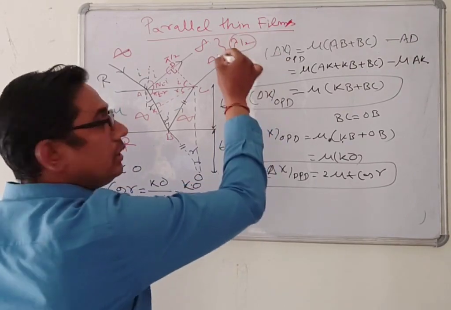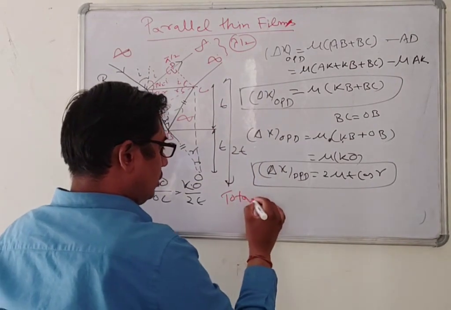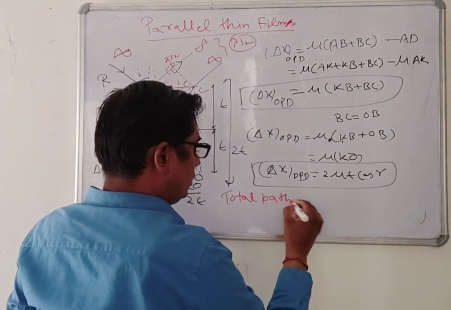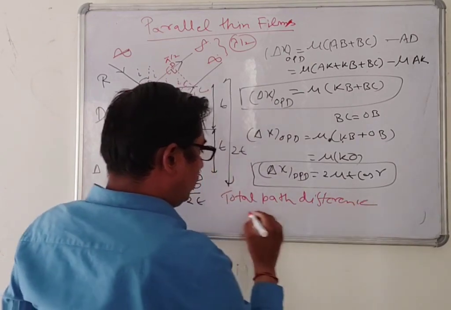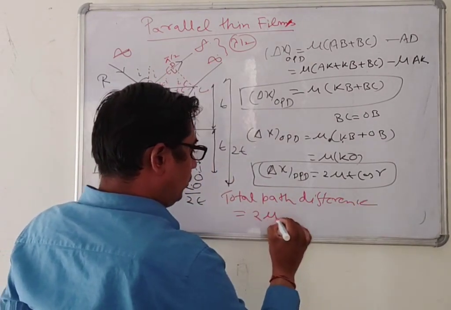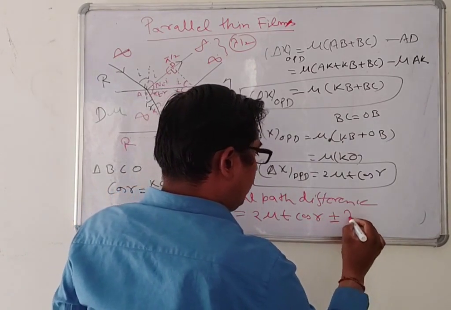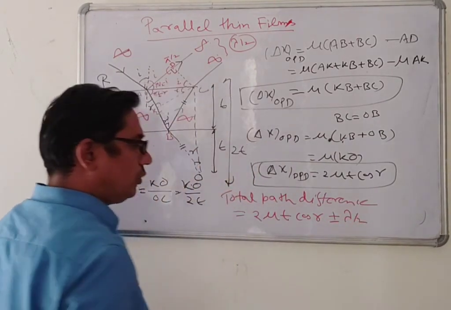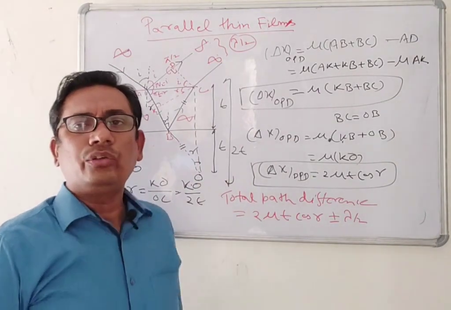So finally the total path difference is equal to 2 mu T cos R plus minus lambda by 2. You can add or you can subtract depending on the situation, but you can use any one.